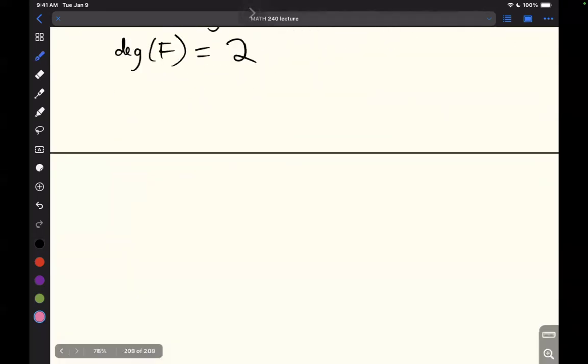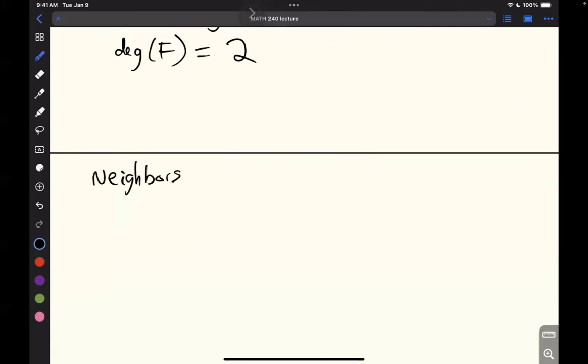Okay. So we also can talk about neighbors. Sometimes graphs are very friendly because we can say that something has a neighbor. The neighbors of a vertex are all of the vertices that vertex is adjacent to.